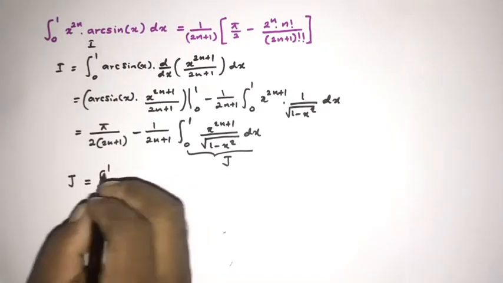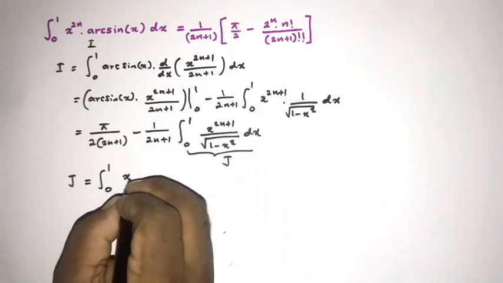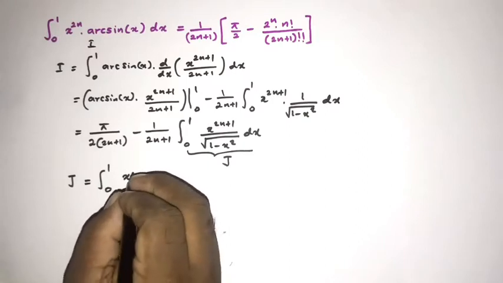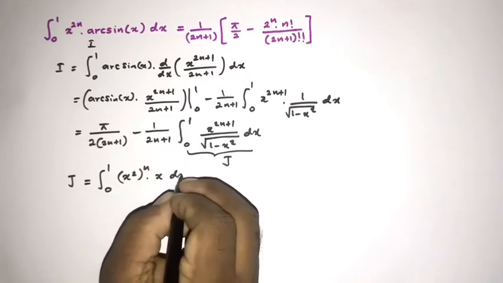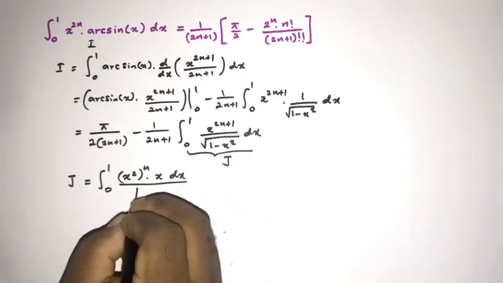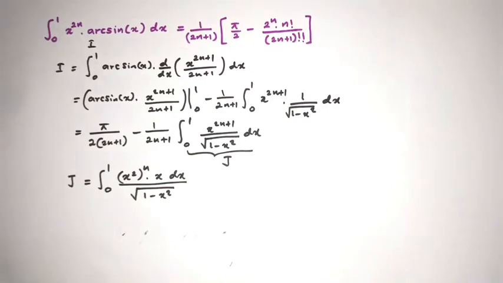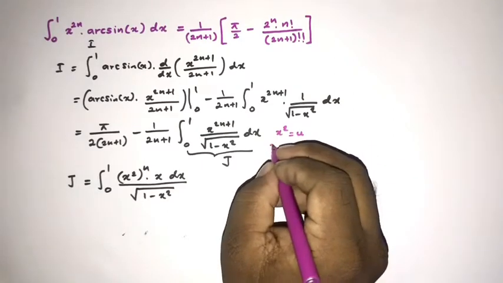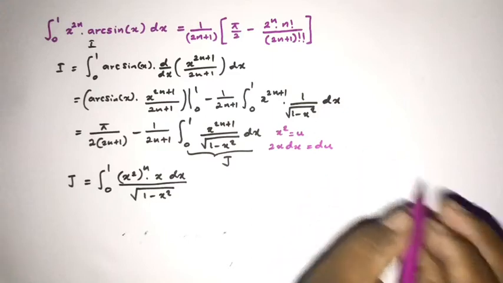Here 0 to 1, now x to the 2n plus 1, we can write x to the 2n times x. X to the 2n, we can write x square raised to the n, times x dx over the square root of 1 minus x square. Now we can use a substitution. X square is equal to u, then differentiate, so 2 times x dx is equal to du.